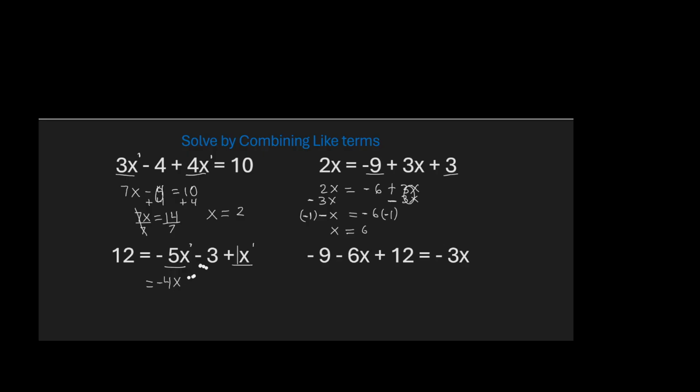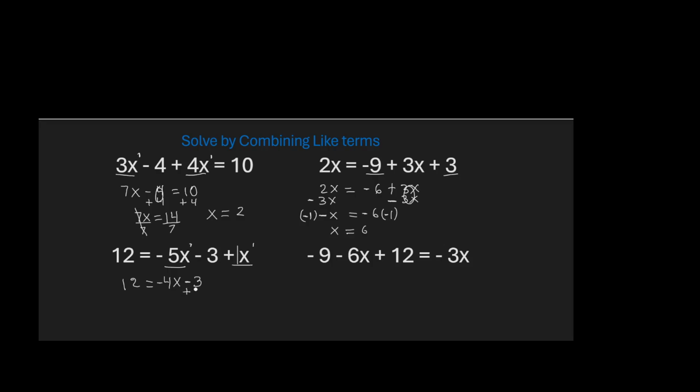Okay. Now you see this -3. I'm gonna just bring it down, and on the other side, I'm gonna write 12. Okay. The next step, I have to get rid of this -3. To get rid of it, I'm gonna do the opposite to make it 0.